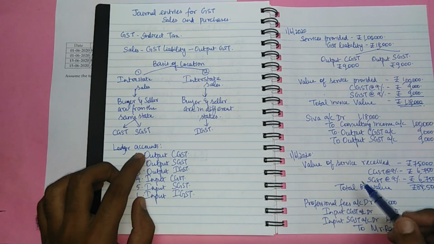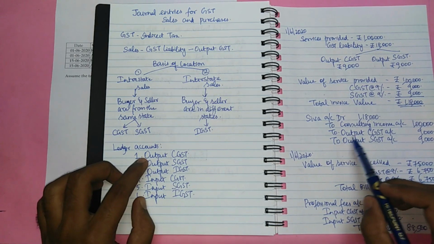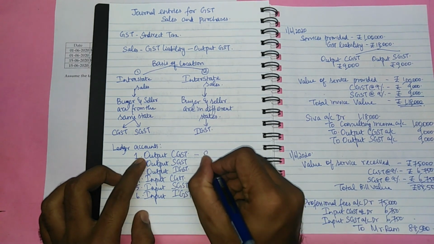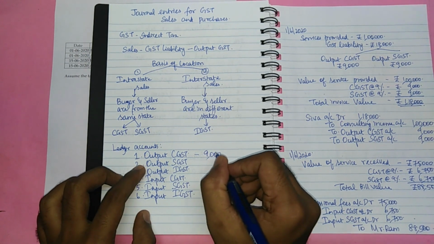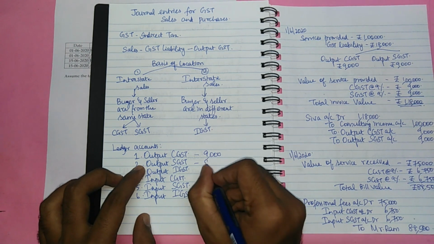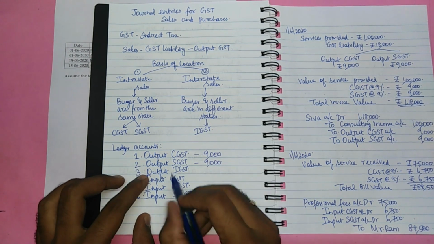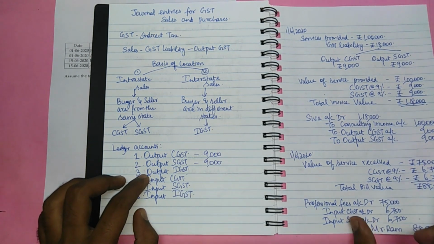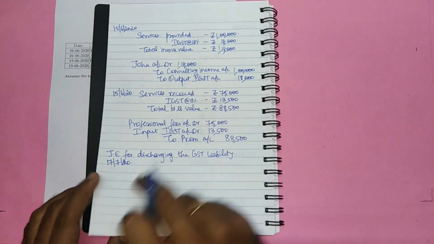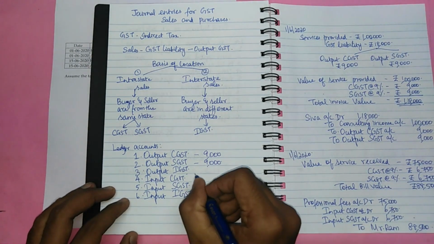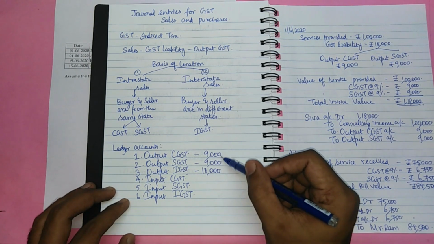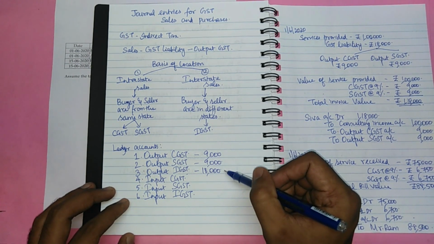So first let us take note of the output CGST. The output CGST is rupees 9,000. Next, output SGST, that is also rupees 9,000. Next, output IGST. Output IGST we have rupees 18,000. So these 3 are our output tax liabilities.